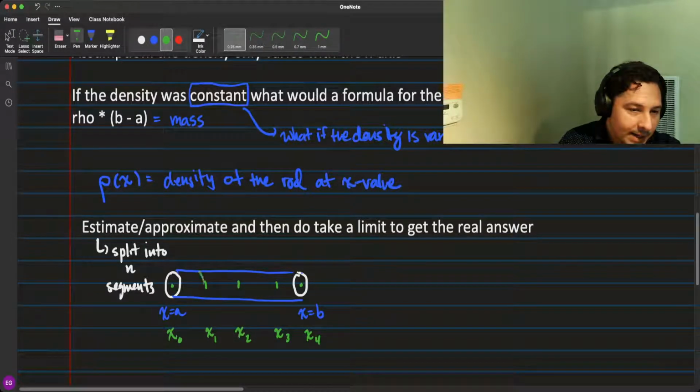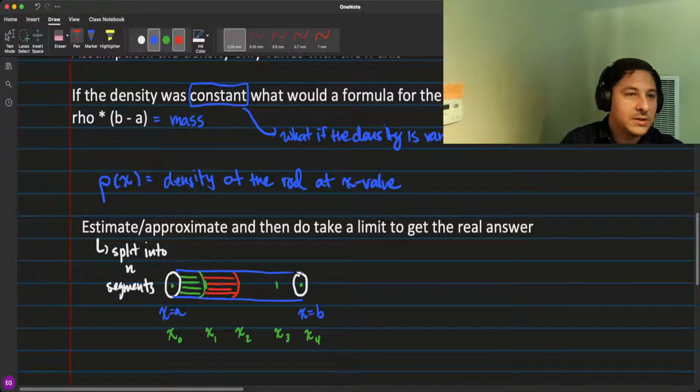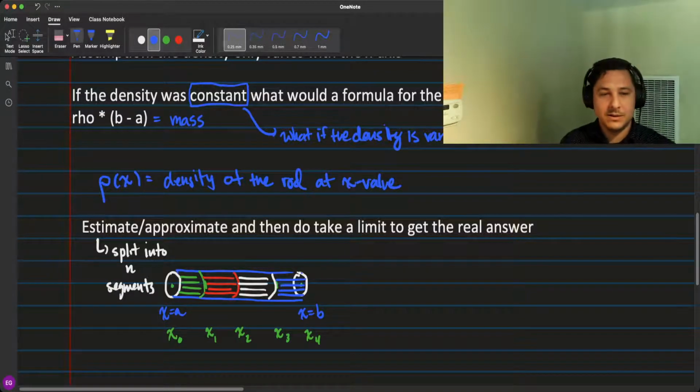Okay, so you've got the part of the rod right here. You've got the part of the rod right here. You see I'm changing the color so we can tell the different parts of the rod. You've got the part of the rod right here, and then you've got the part of the rod right here. It looks like the Italian flag or something.